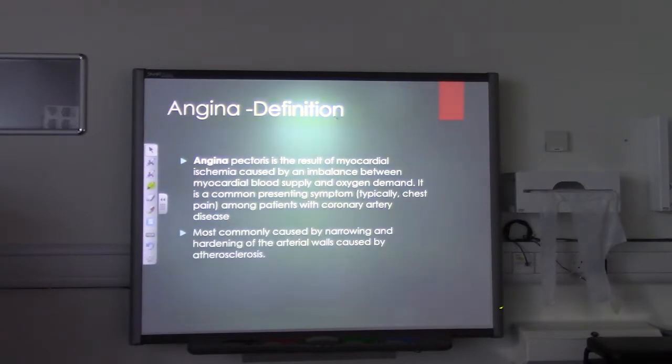Where we have increased demand for the myocardium, for instance in thyrotoxicosis and during periods of stress, then there is also a possibility of this pain that patients experience. And also in aortic stenosis, where the heart has to increase its workload to maintain adequate output, will also result in an imbalance, which is this underlying cause.